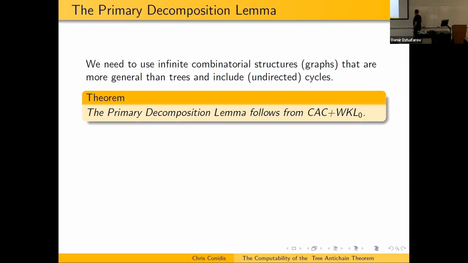Using the same kind of logic, the primary decomposition lemma, the thing that Noether was talking about 100 years ago, follows from the chain anti-chain principle and WKL. In the context of algebra, we need WKL to construct our ideal. WKL is the weakest principle in which you can construct ideals.